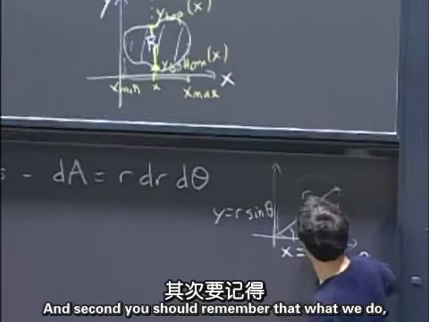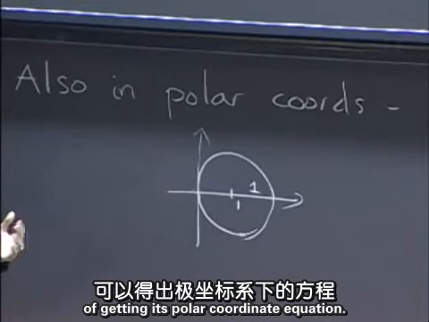And ways to do that can be geometric, or they can be by starting from the xy equation of whatever curve you have, and then expressing it in terms of r and theta and solving for r. So for example, just to illustrate it, one of our classics has been the circle of radius 1 centered at (1, 0). So this guy, you have two different ways of getting its polar coordinates equation.